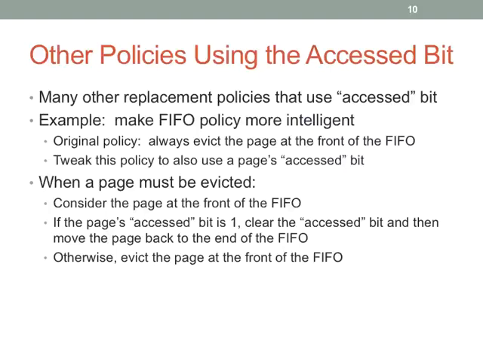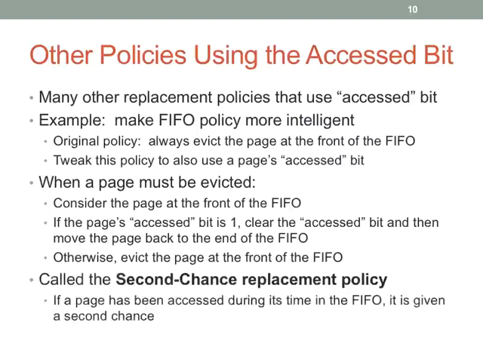It's a very simple little tweak, and now we have a policy that is significantly more clever than FIFO. We call it second chance because every page is given a second chance. Of course, there are some anomalies you have to sort out. When you first add a page to the FIFO, what would have made it be added?